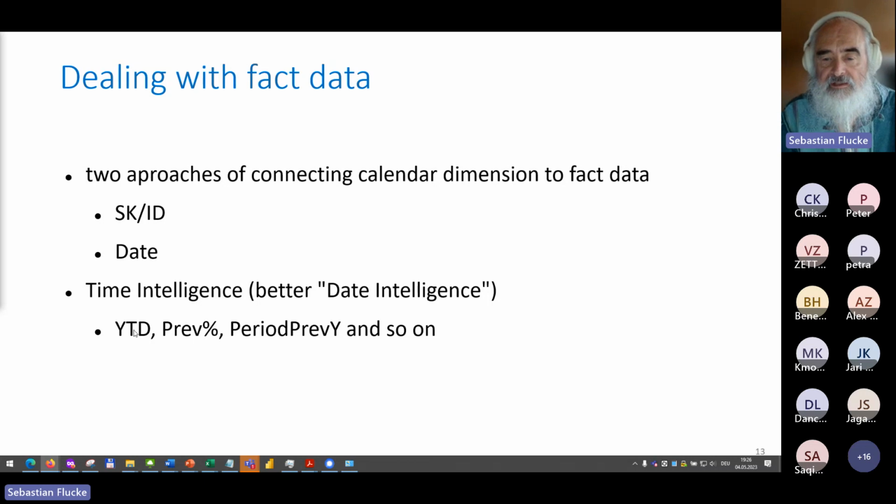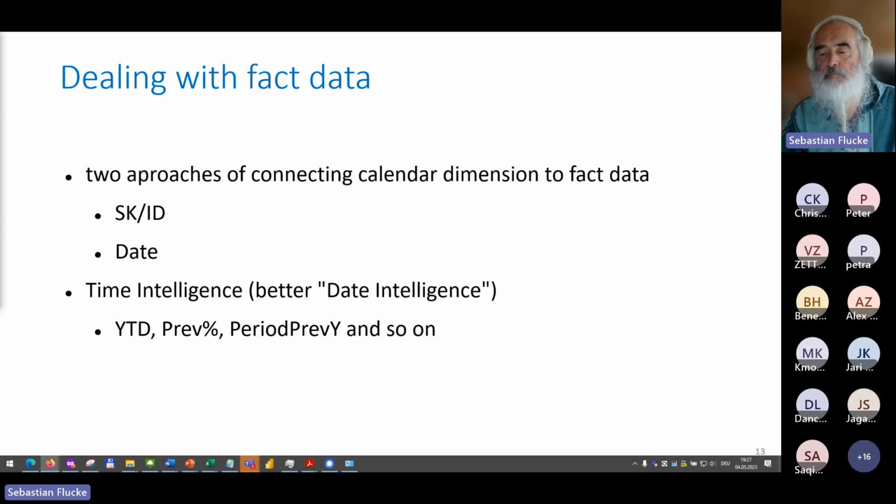Okay, that means a bunch of calculations along the timeline. Something like, give me a percentage to my previous period, or give me the same period of the previous year, or give me a year to date. That means please cumulate all the values from the beginning of the year until now, all things like that.